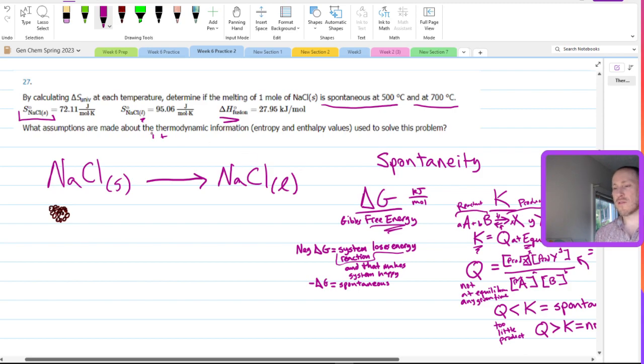So now that we've covered that, let's look at how we're going to solve for either delta G or K, right? Because they didn't give us that. They only gave us an H and an S and another S. And we just did a bunch of problems on what to do with multiple S's. The standard delta S of the reaction is just going to be the product, which is the liquid, because we're talking about melting.